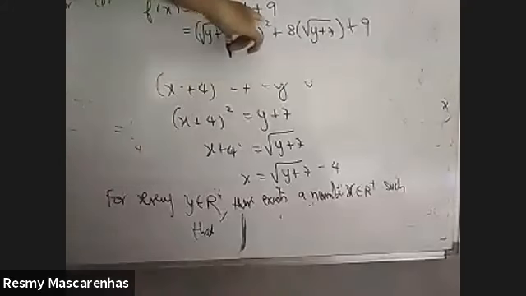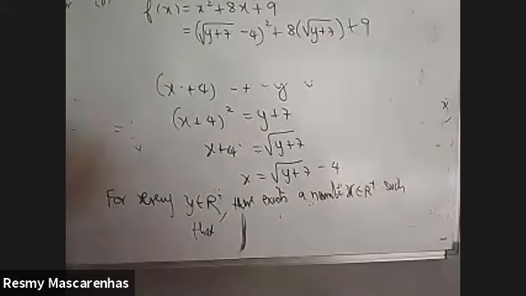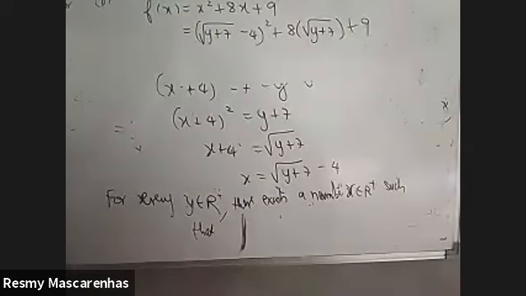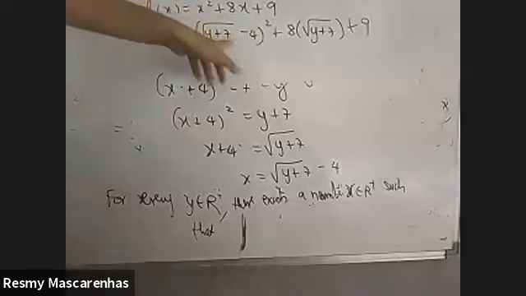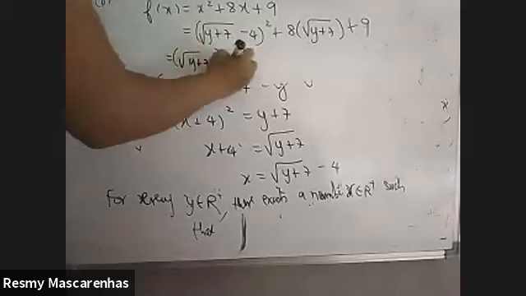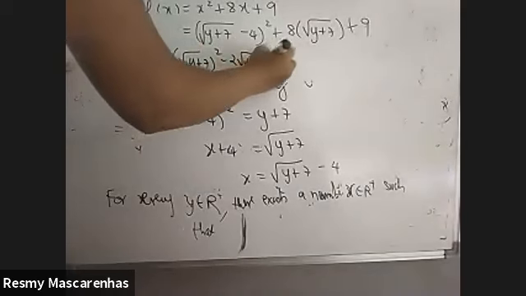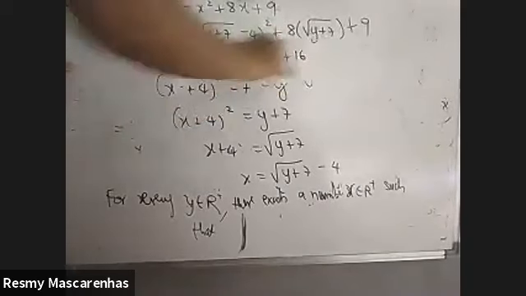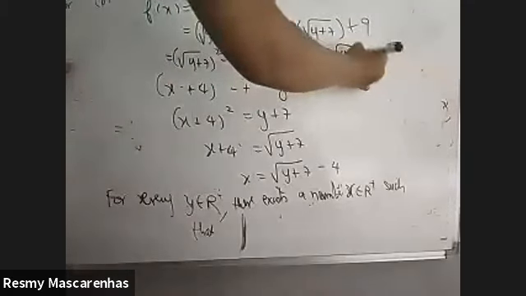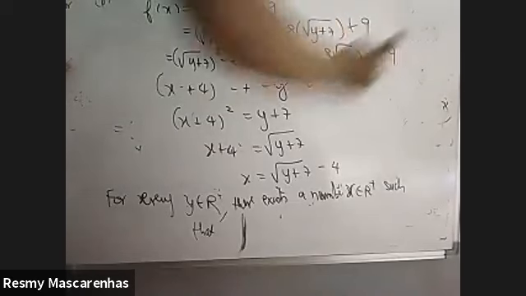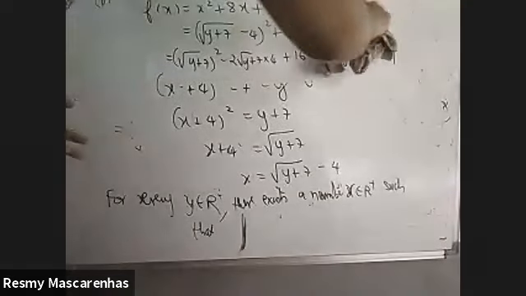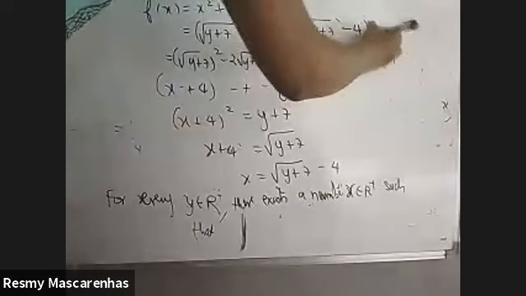Okay, then use the formula a minus b the whole square. So I've taken the main question and I have to substitute the value of x and show the answer is equal to y. So a minus b the whole square will be a square minus 2ab plus b square. 4 square will be 16. 8 times y plus 7 minus 4 is there, no?